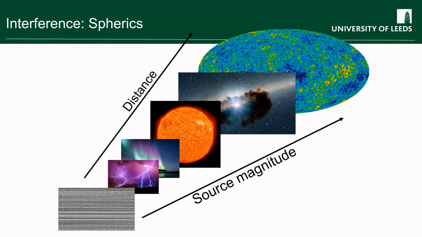But then, of course, you've got effects due to solar activity. So the sun is a source of charged particles. Those charged particles interfere with the magnetic field of the Earth, and you get things like the northern lights as those charged particles from the sun interact with the atmosphere.